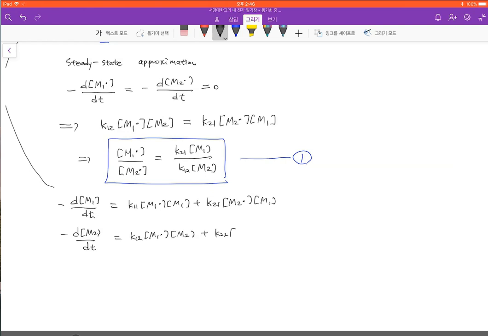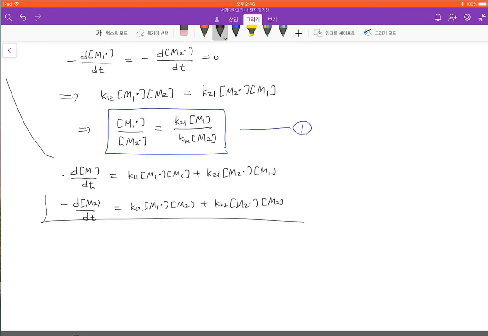Similarly, dM2/dt is equal to K12 M1 dot M2 plus K22 M2 dot M2.